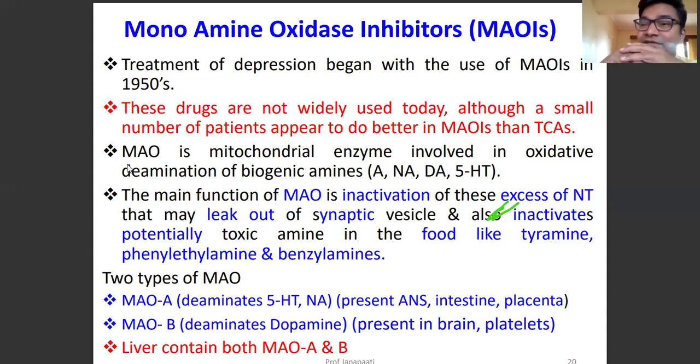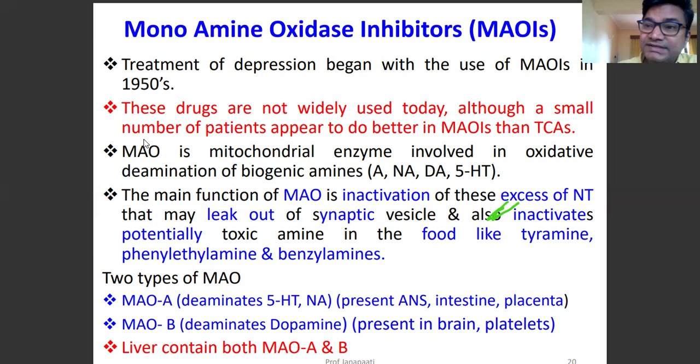Whenever their levels are very high, the MAO will come and metabolize these neurotransmitters. And one more very important thing is that this MAO is very important.